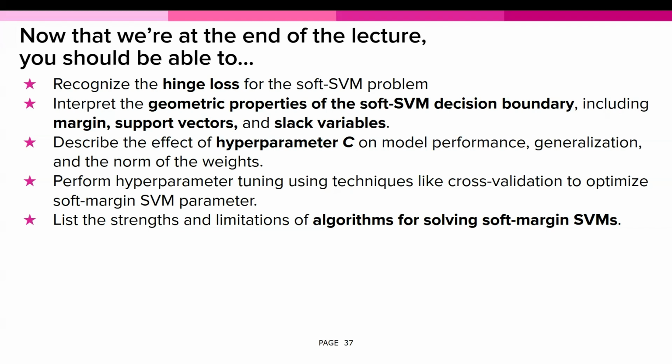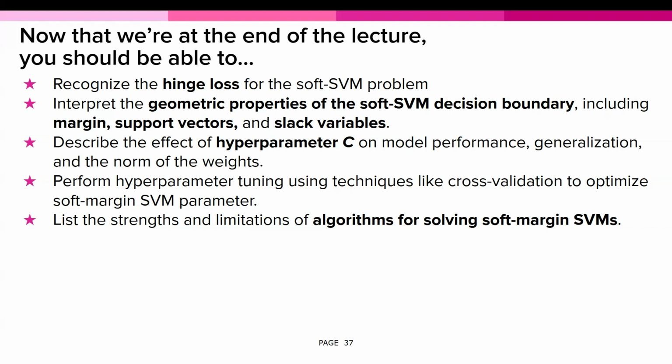And we can also combine this new knowledge with concepts that we've encountered before, such as using cross-validation to select that hyperparameter for us. And we also encountered two different algorithms to solve the soft SVM problem.